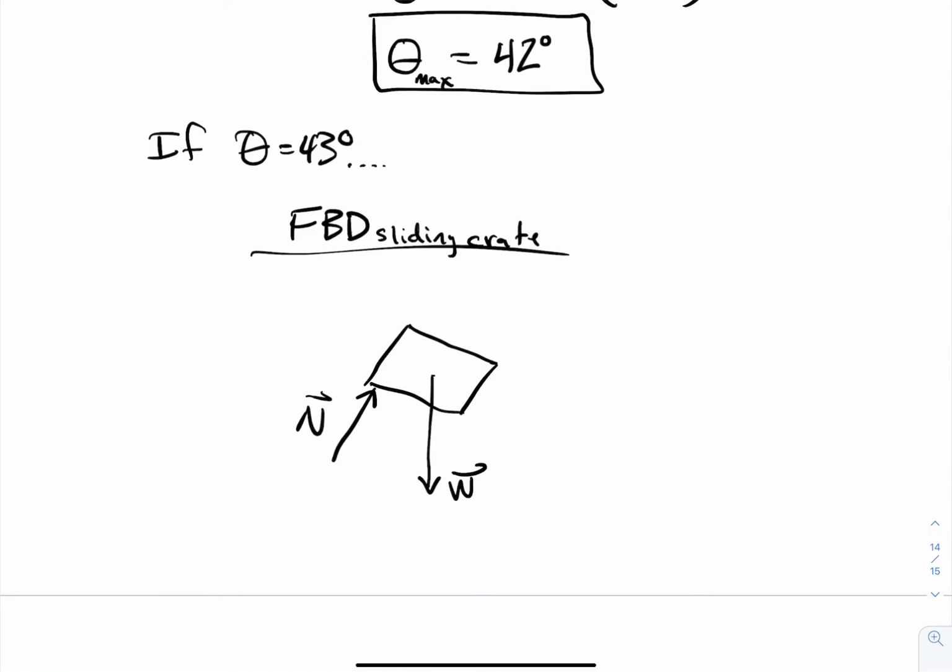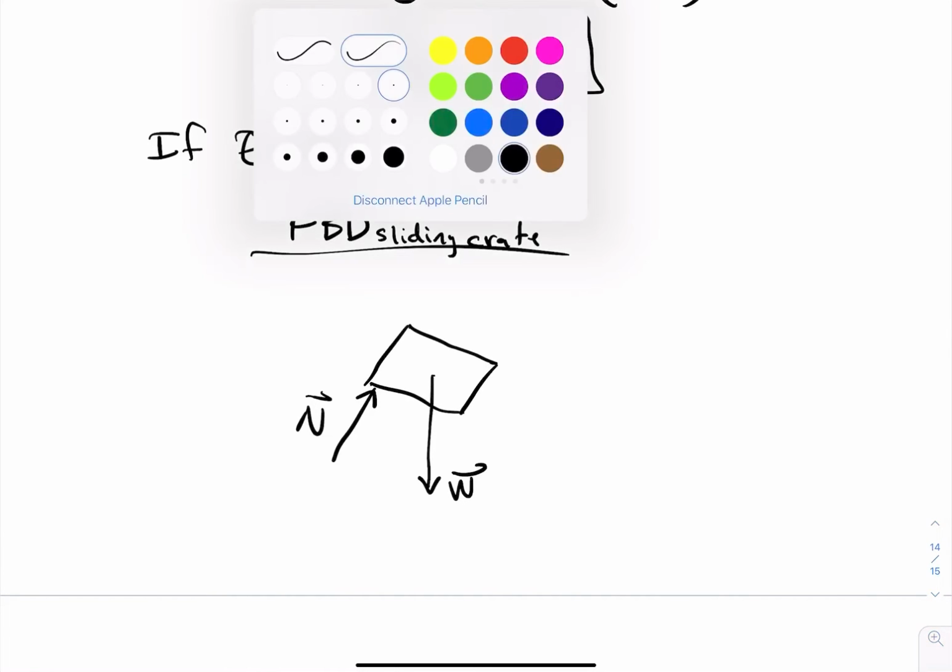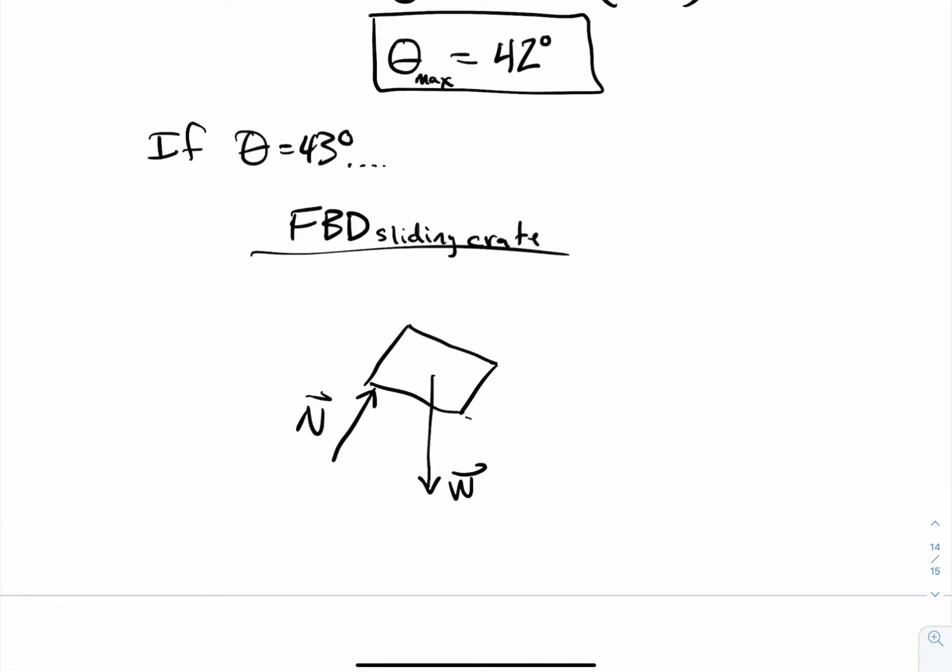It will have friction opposing its motion, and it will be accelerating down the incline. So we'll have the friction force still, but now because it's moving, this will be kinetic friction. And we should also show that it is accelerating down the incline. So it certainly looks very similar to the previous problem, except now it has an acceleration and a kinetic friction.